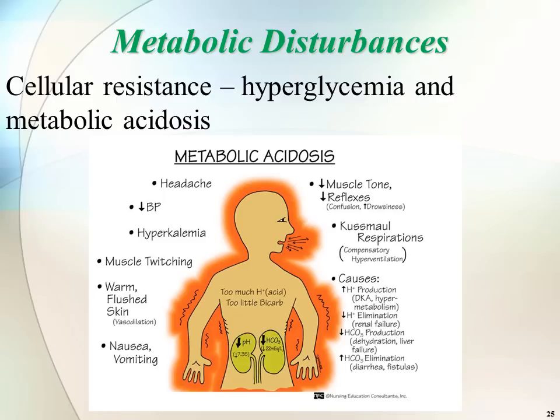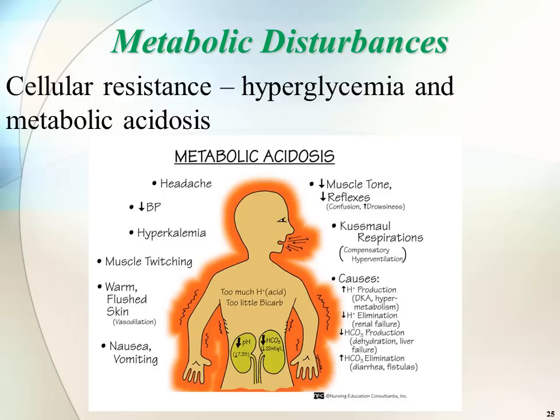Now, I just talked about that cell resistance, hyperglycemia, and metabolic acidosis. That's a really important concept because it doesn't just happen in renal disease. It happens in all kinds of conditions, sepsis and a lot of the different shock states.